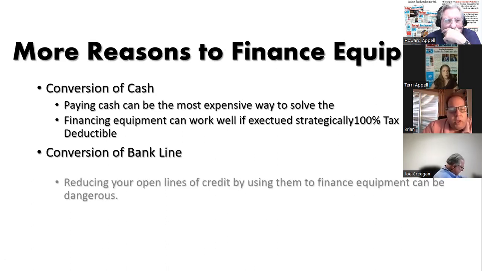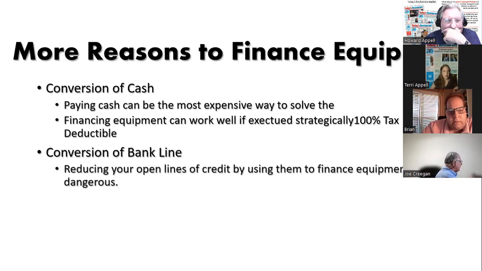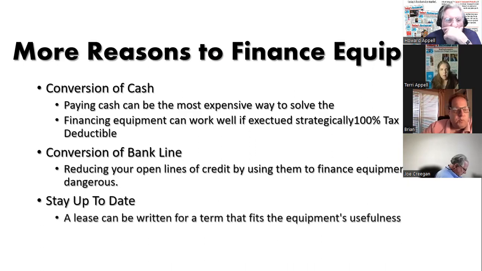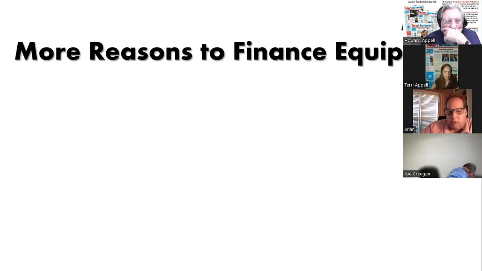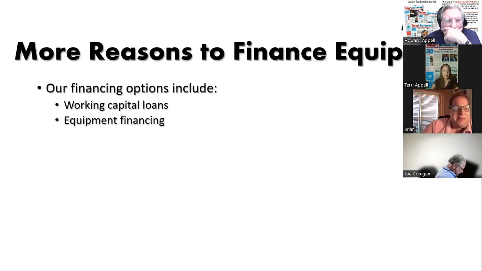The approval will stay open for about 90 days if you need to come back for more equipment. As we talked about, it can be written off for a term that fits the equipment's use.